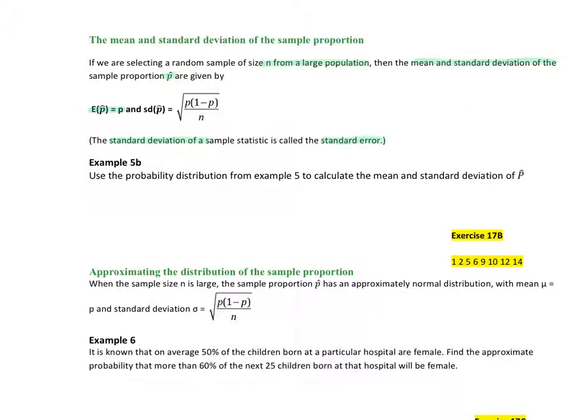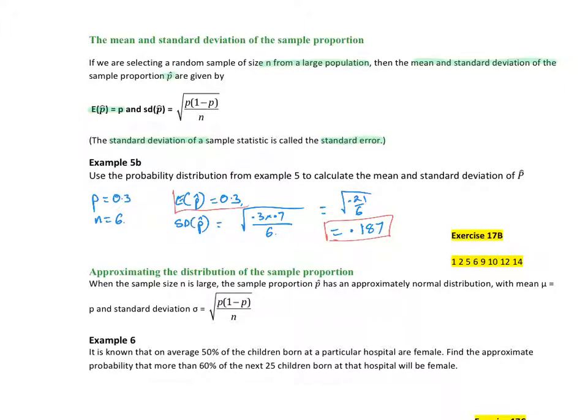So what we're saying there is, from the previous example, P is equal to 0.3, and we had 6 trials, which means that the expected value of my sample proportion is equal to 0.3, and the standard deviation of my sample proportion is equal to the square root of 0.3 times 0.7, which is 1 minus P, over 6, which is equal to the square root of 0.21 on 6, which is equal to 0.187.